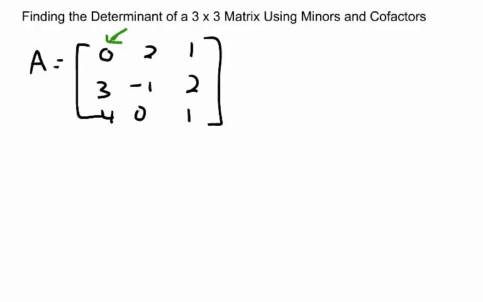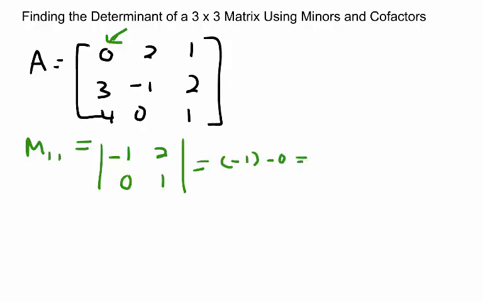So, the minor for row 1, column 1 is equal to the determinant of -1, 2, 0, 1, which gives us -1 minus 0, or -1.